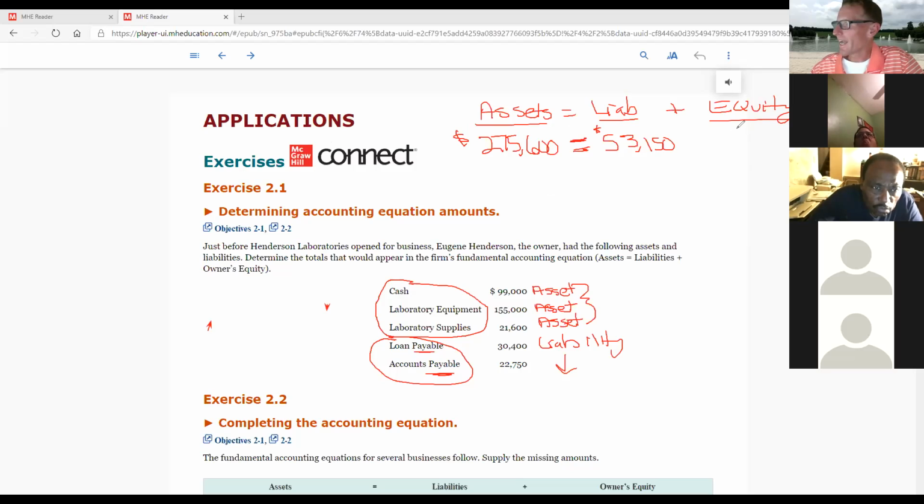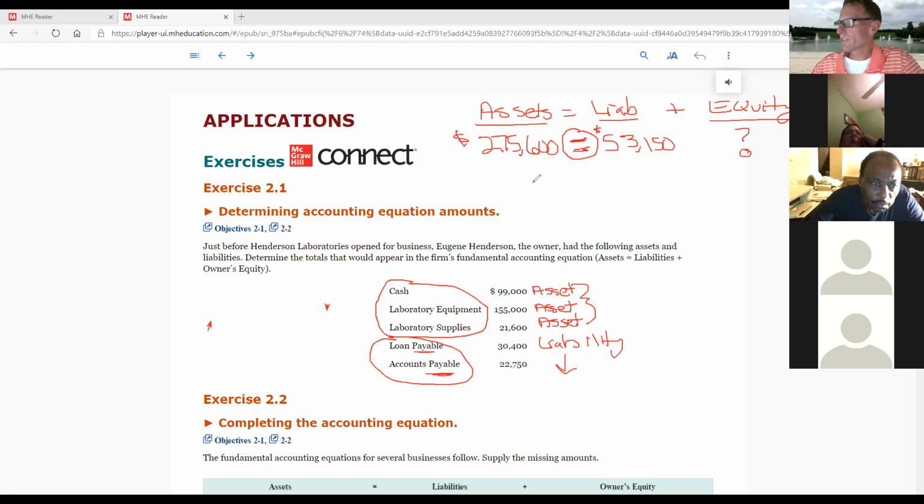But to get equity, notice equity we don't know. They didn't give you that. But because we know this equation has to balance, does anybody have any ideas of how we would figure out equity? Subtract the liabilities from the assets. Yep, you got it. That's exactly how you do it.